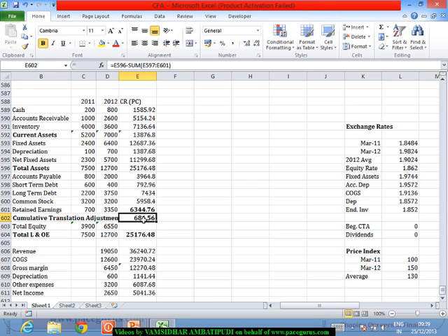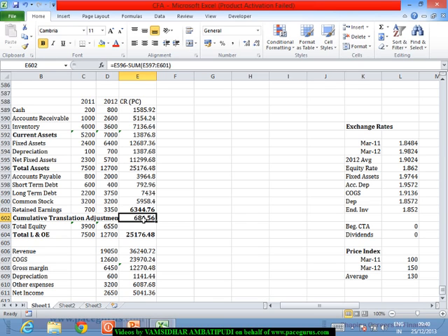And this is again an adjustment figure, assuming the cumulative translation adjustment was 0 at the end of the previous period. So this is the net cumulative translation allowance as of this particular period.